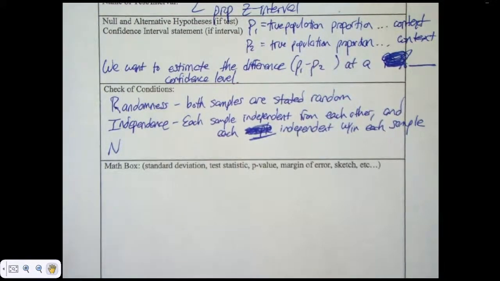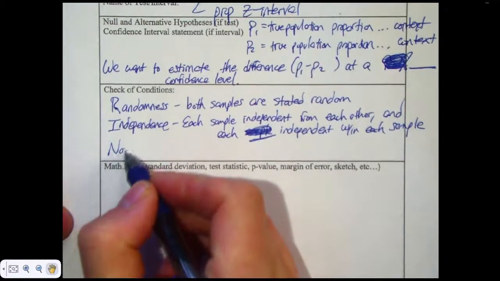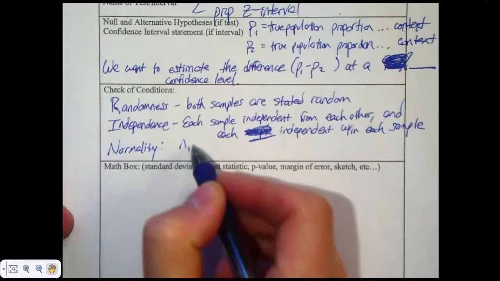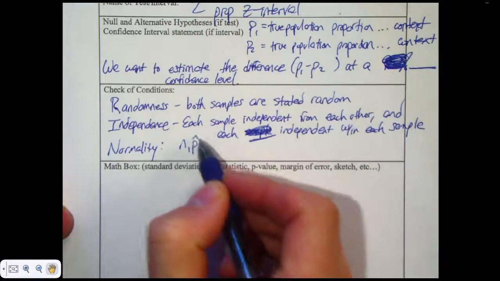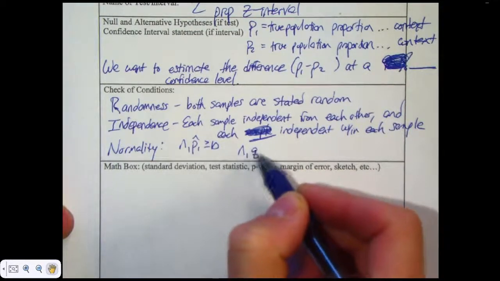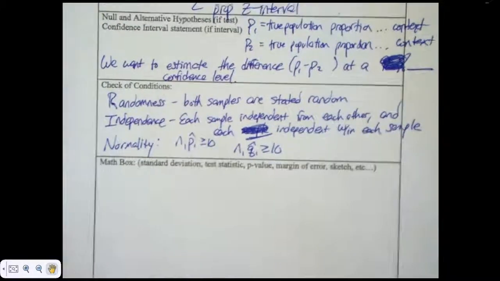It's kind of big. The next one's also big. So N is for what? Normality. Well, now you've got N1 P1 has to be greater than or equal to 10. N1 Q1 has to be greater than or equal to 10. And what else?